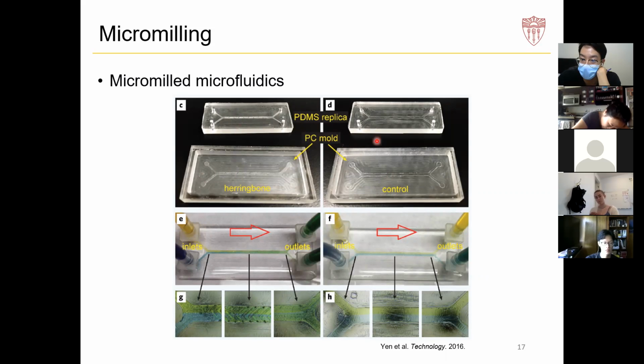Once we use these PDMS replicas, this is one example, right? On the left column, we have a device that has very complex miniature features on the top of the channel. What that does is make turbulent flow when you flow liquids through it. As shown in this photo, we were flowing food dye.